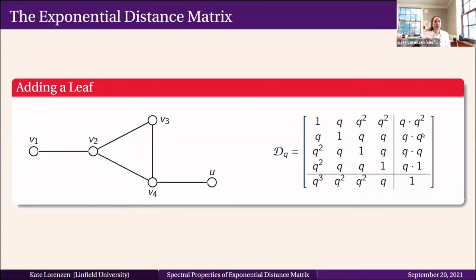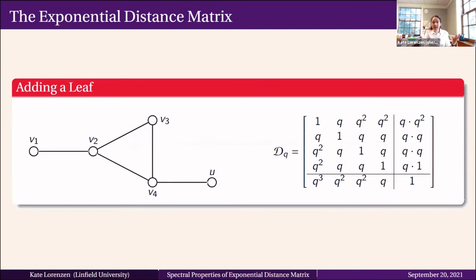Well, what turns out is I'm just going to be taking the column of one of my previous entries and I'm going to multiply it by q. And what's happening here is that for the distance from any other vertex in the graph to this new vertex u, I'm going to find the distance to vertex 4 and then just add 1 to it. And adding 1 on the exponent corresponds to multiplying by that same base power.